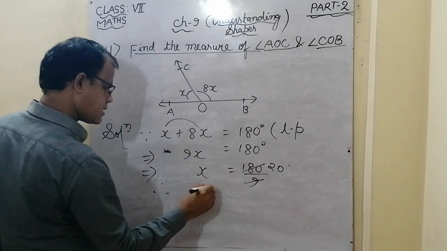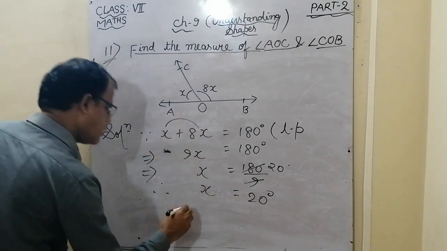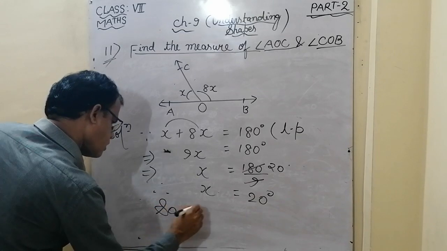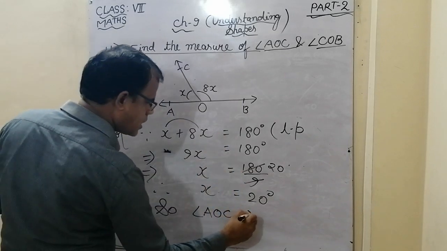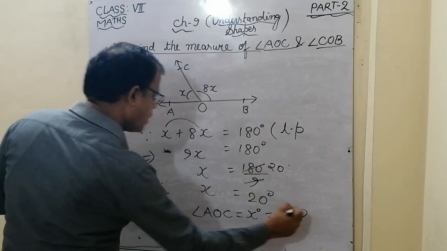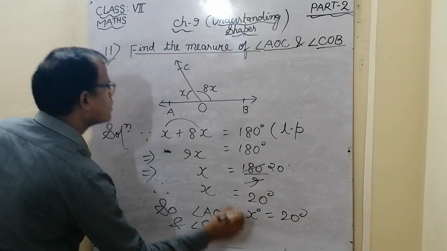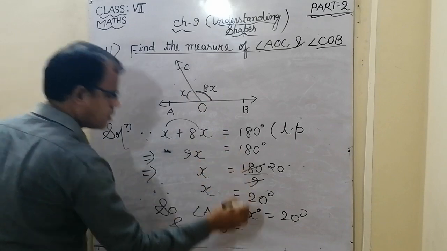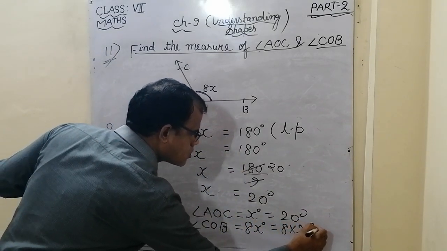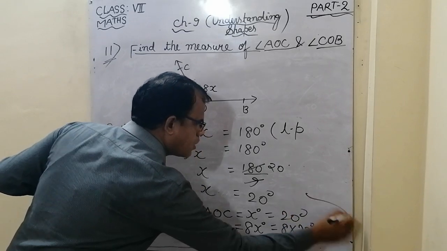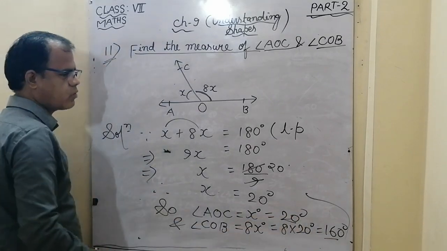So the final x value is 20 degrees. So angle AOC means x degrees, which is 20 degrees, and angle COB means 8x degrees, so 8 into 20 degrees becomes 160 degrees. And when we add both answers, 160 plus 20, it becomes 180 degrees.